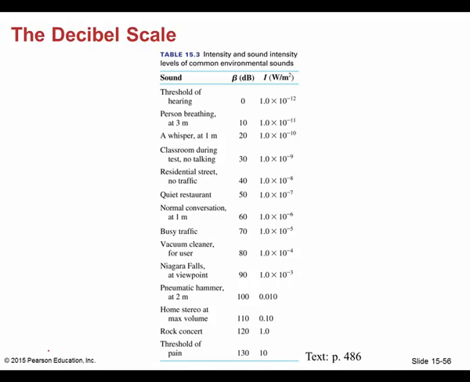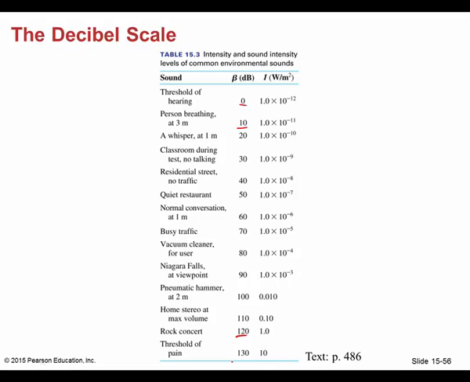Here are some various objects on the decibel scale. Notice what we can and can't hear starts at 0, and that's the intensity in watts per meter squared. Then at 10 decibels, person breathing at 10 meters, a whisper, a quiet restaurant, normal conversation, busy traffic, rock concert. A jet airliner is on here somewhere, I thought.